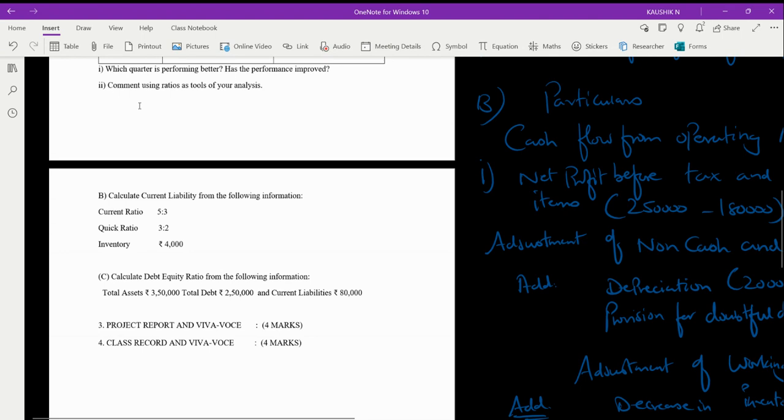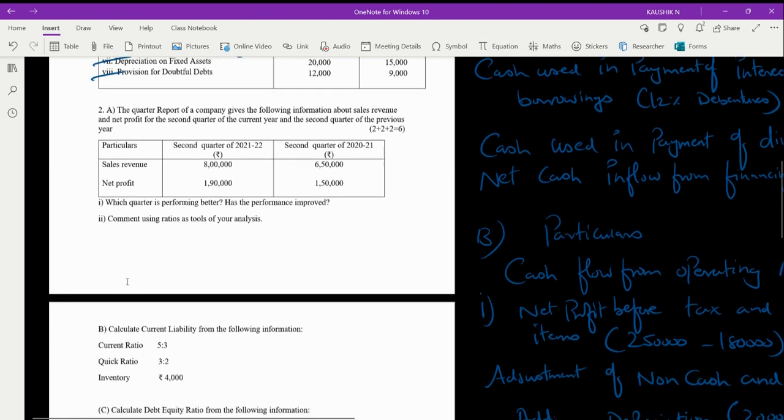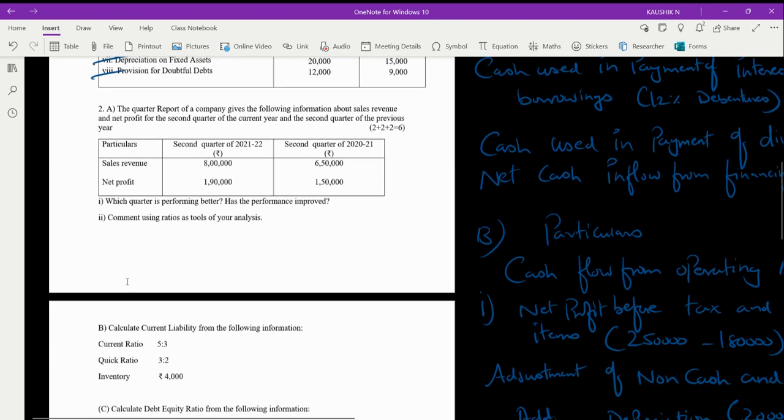What is it? B. They are saying you to calculate the current liability from the following information, and calculate debt to equity ratio from the following information. So these are the calculations to be done. Now quickly we'll understand what needs to be done. So for the second case, that is 2A, you find out the net profit ratio.